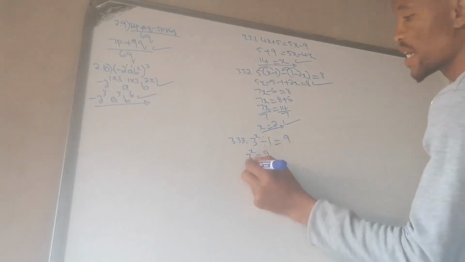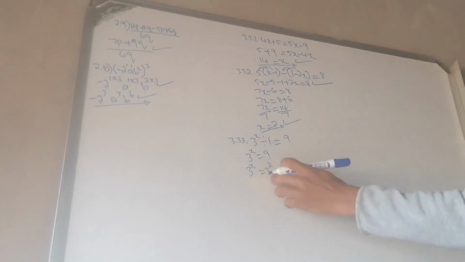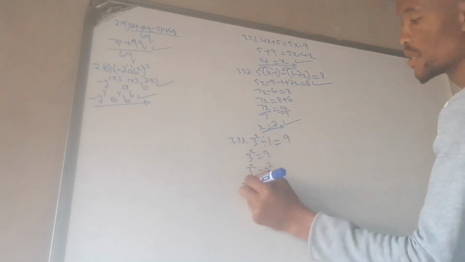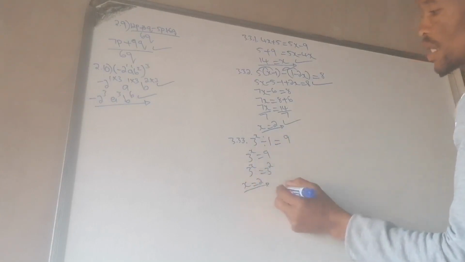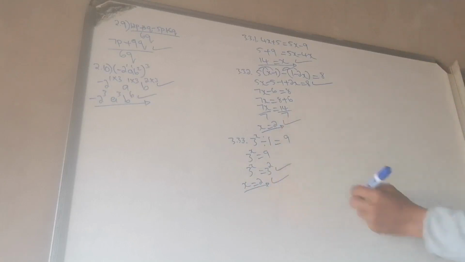Then we change 9 to 3 squared. When the bases are the same, you equate the exponents. And then you are done. So 1, 2. And that was the end of your test. That was entirely the end of your test.